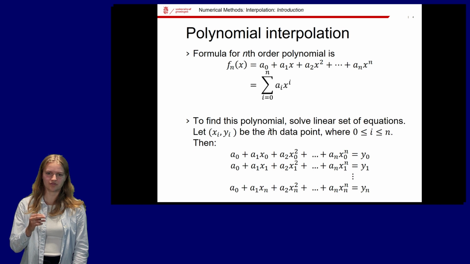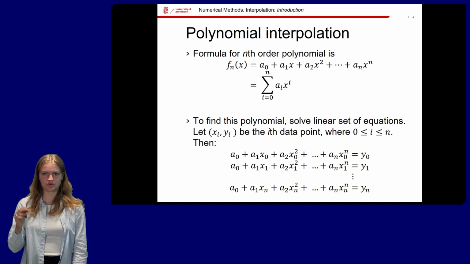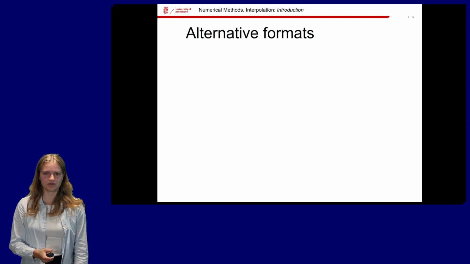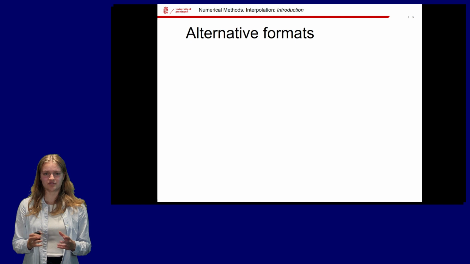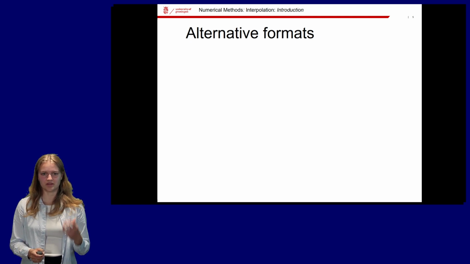So your function will oscillate a lot in between those data points if you go up to a high order, and therefore your errors are going to be quite large, and it's just not a very nice way of doing it. So alternatively, you can represent a polynomial in a different way from the expression on the last slide.